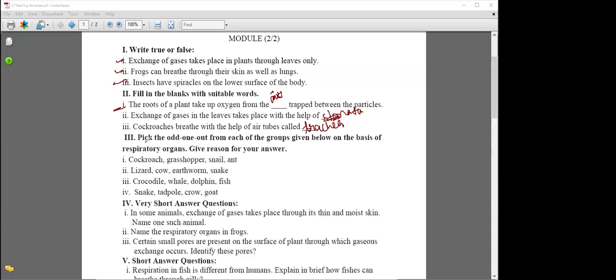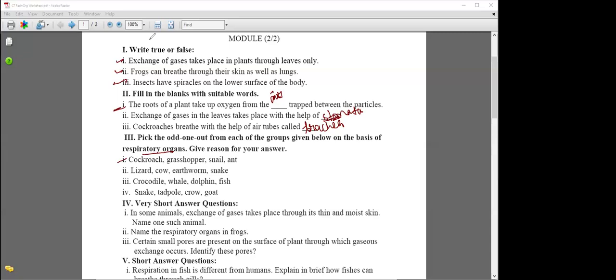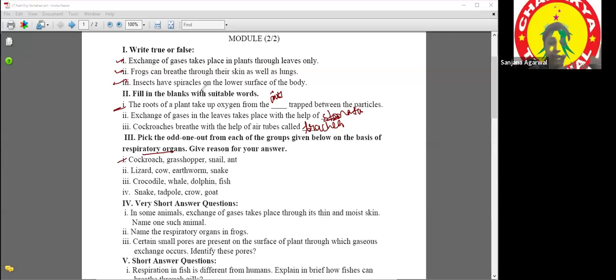Third. Okay. Pick the odd one out from each on the basis of respiratory organs. First: cockroach, grasshopper, snail, and ant. Ma'am, what shall we do in this? You have to pick the odd one out based on the respiratory organ, meaning how they breathe.